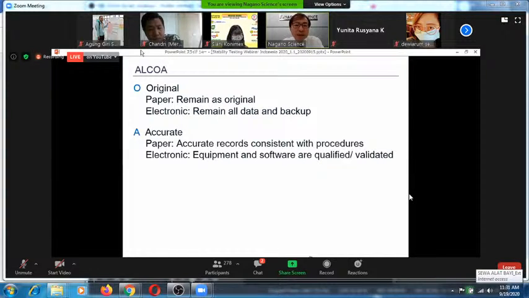For paper, this means accurate records are kept. For electronic, the equipment and software are qualified and validated. This is ALCOA. In Europe, people sometimes say CCEA, but I think ALCOA is the main concern for data integrity, and CCEA is something for reference.